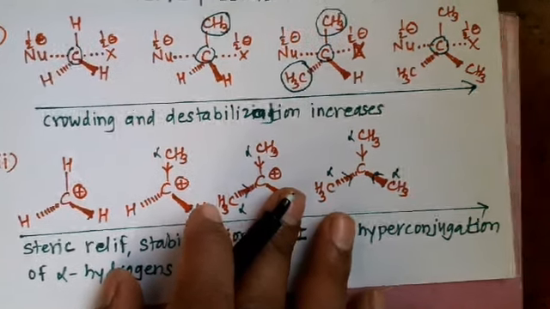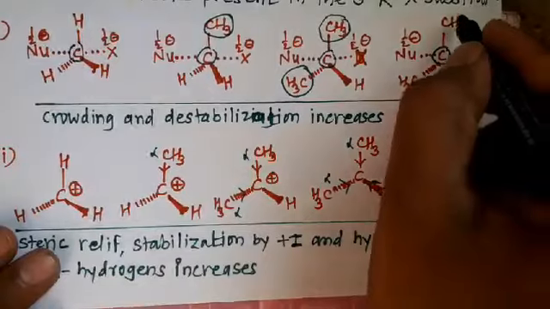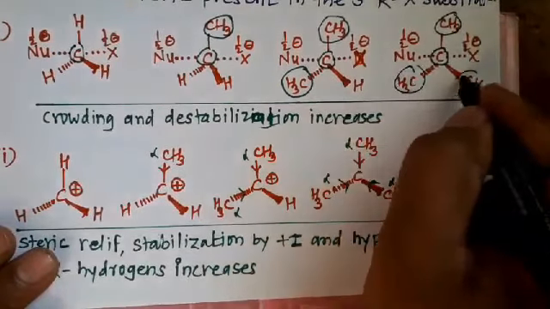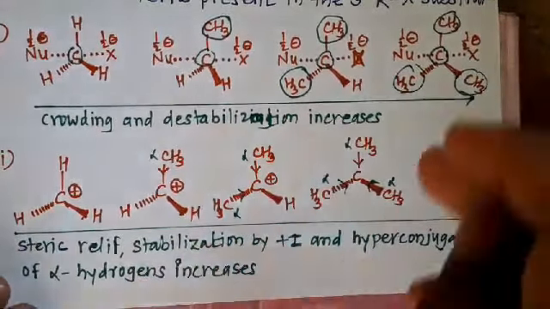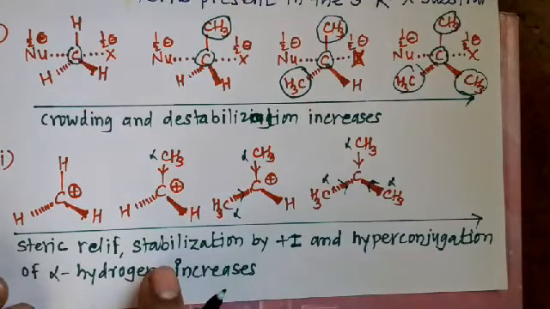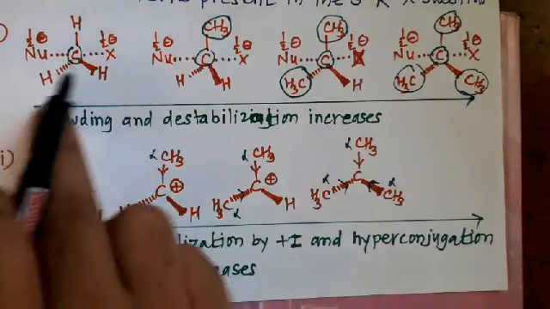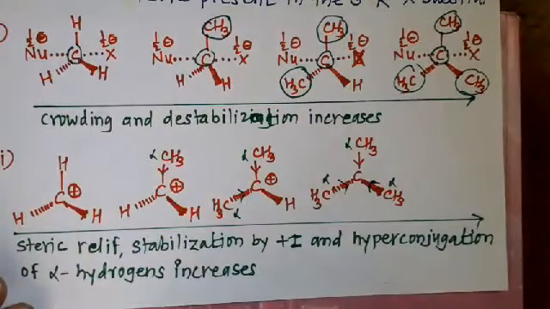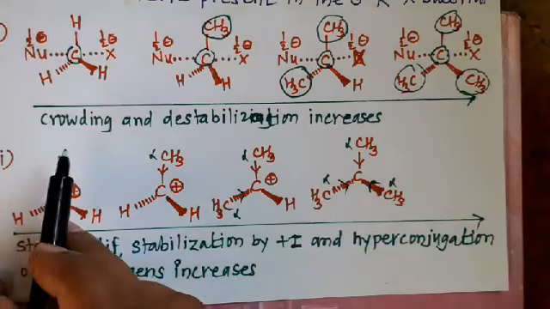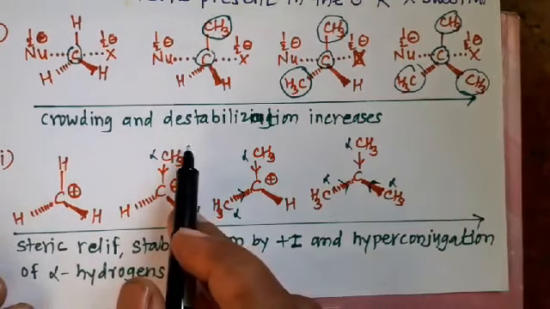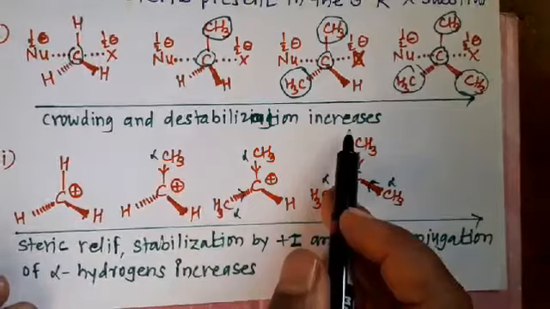But in the last structure there are three methyl groups, and the steric crowding is much more as compared to the previous three structures, and as crowding increases, stability decreases.